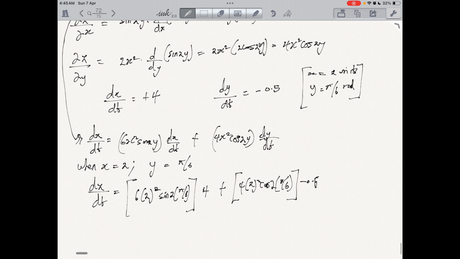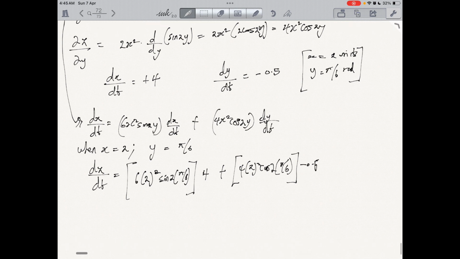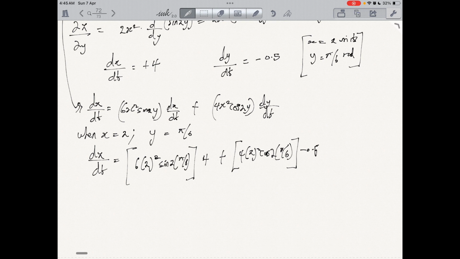And then when we simplify this, we have that dz/dt is equal to 75.14, and its unit will be units per second.